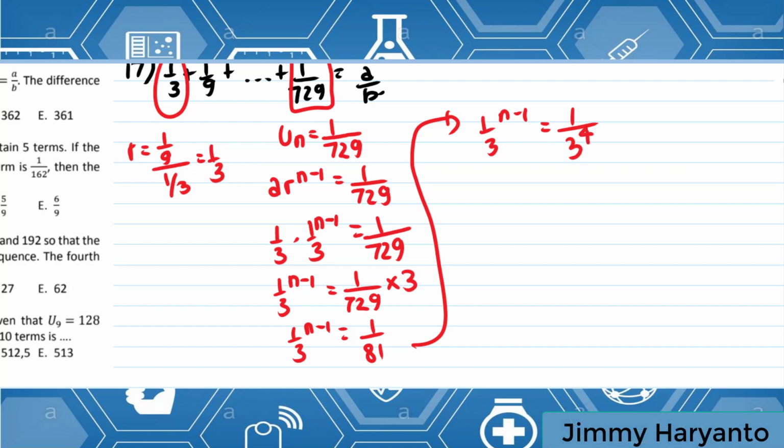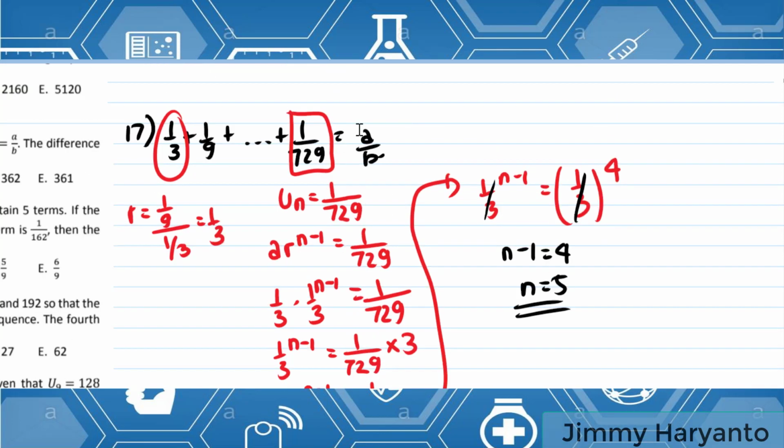So I can write 1 over 3 to the power of 4, and then cross out the 1 over 3 because it's already the same. n minus 1 equals 4, n equals 5.